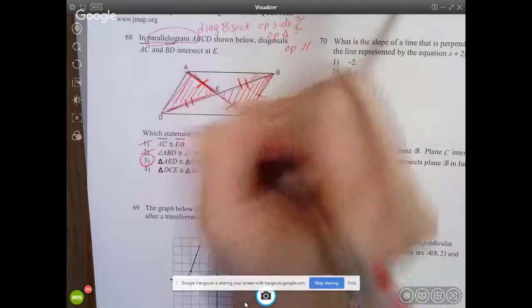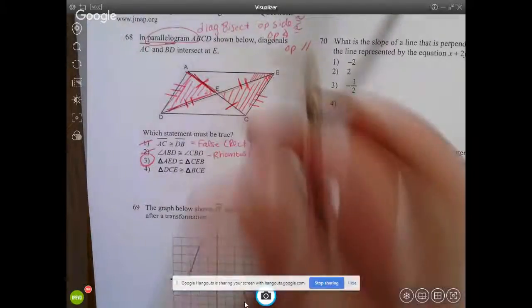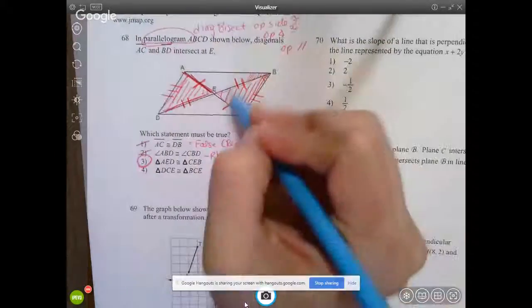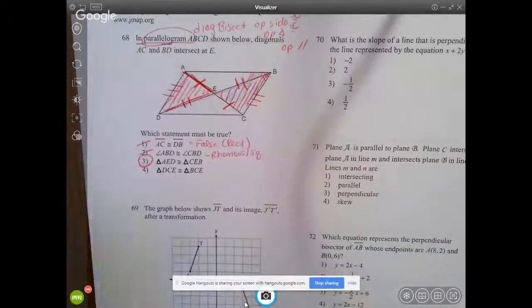And these sides are congruent because opposite sides of a parallelogram are congruent. Okay. The other one was DCE and BCE, which would have been this triangle and this triangle. And I think you can tell just looking at it, they're not the same.